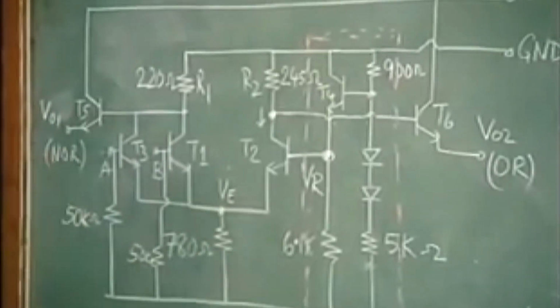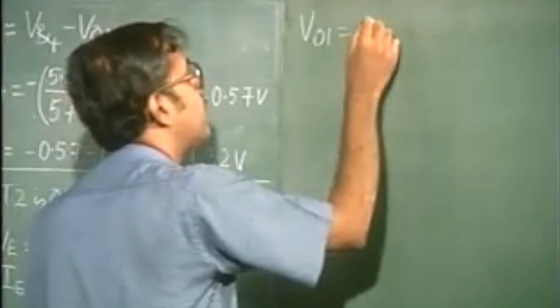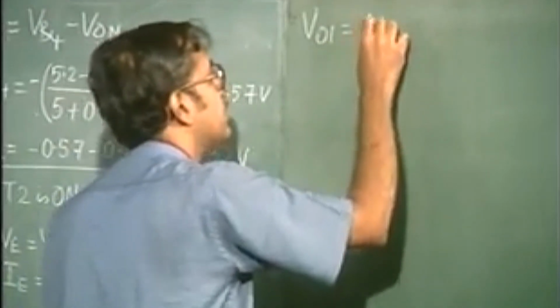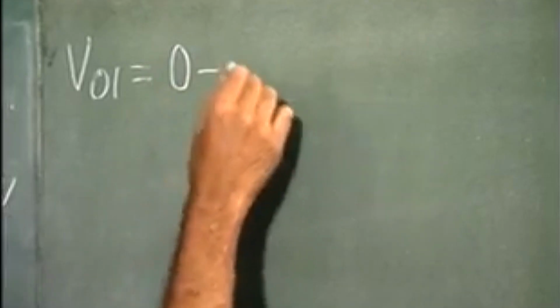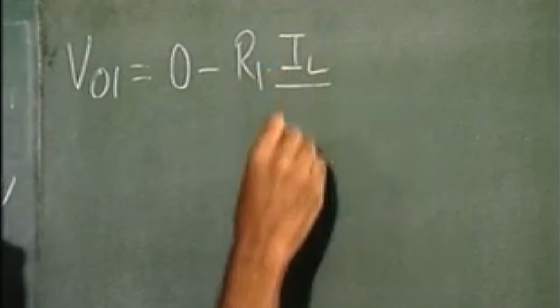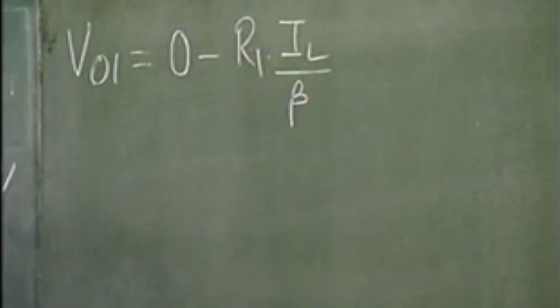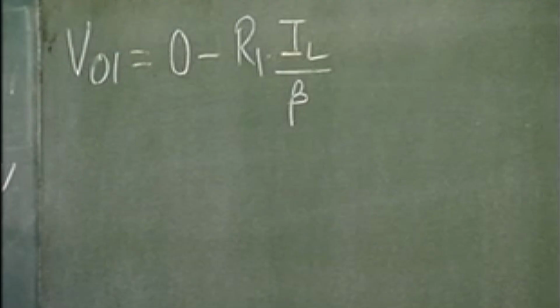So it is basically going to be 0 minus R1 times the load current divided by beta. So that depends on the load current.